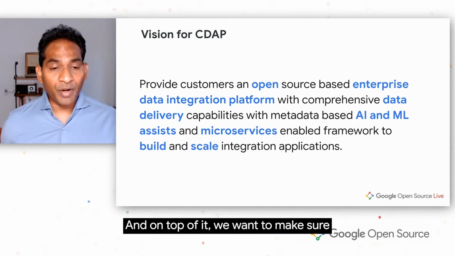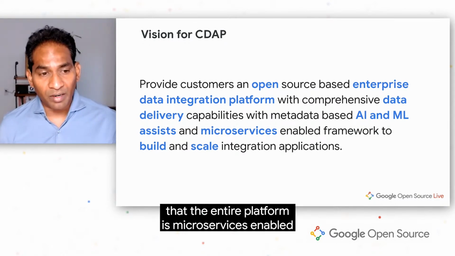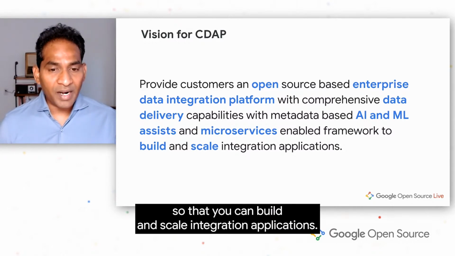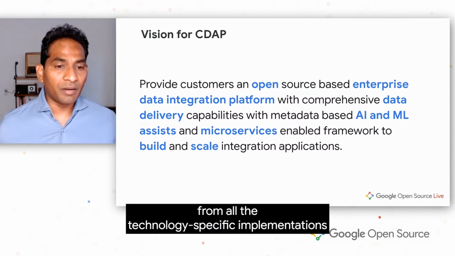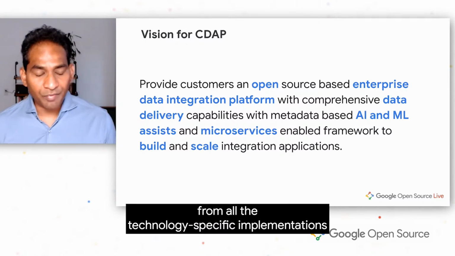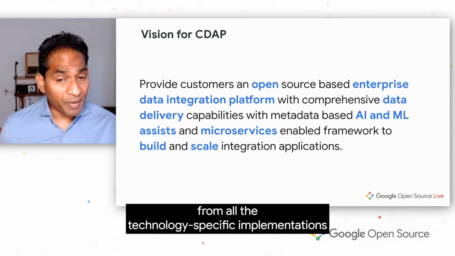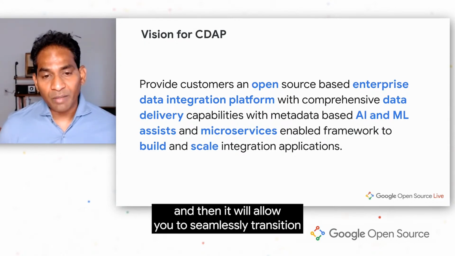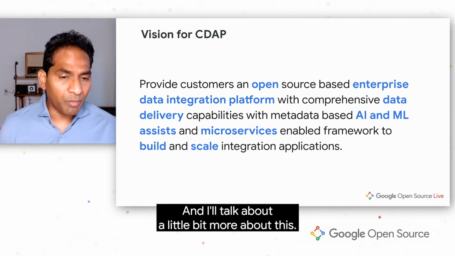And on top of it, we want to make sure that the entire platform is microservices enabled, so that you can build and scale integration applications. Now, the platform will shield you from all the technology specific implementations, and it will allow you to seamlessly transition into whatever technology you want. And I'll talk a little bit more about this.